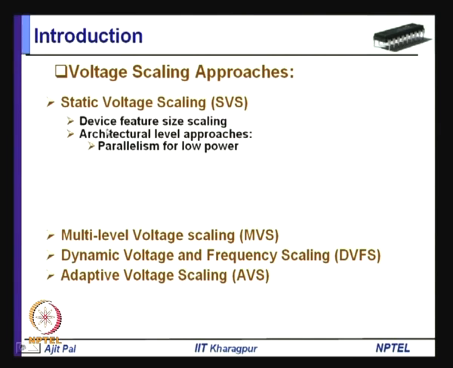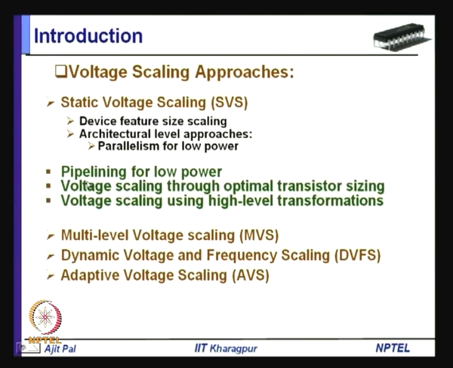In the last lecture, we discussed device feature size scaling, and also one of the important approaches based on architecture level synthesis, that is parallelism for low power. And today, we shall be discussing pipelining for low power, and then voltage scaling through optimal transistor sizing, and voltage scaling using high level transformations.